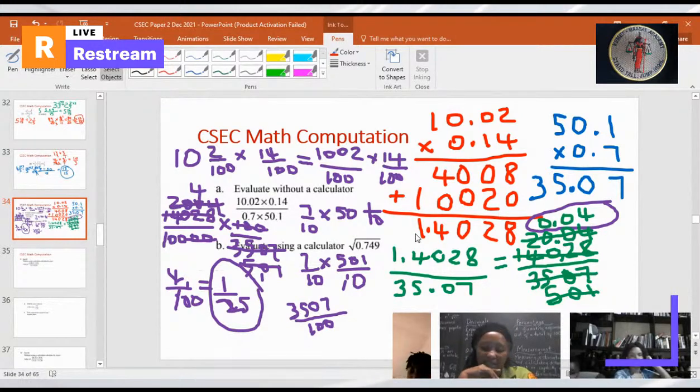It's weird though that the square root of a decimal would have three decimal places.